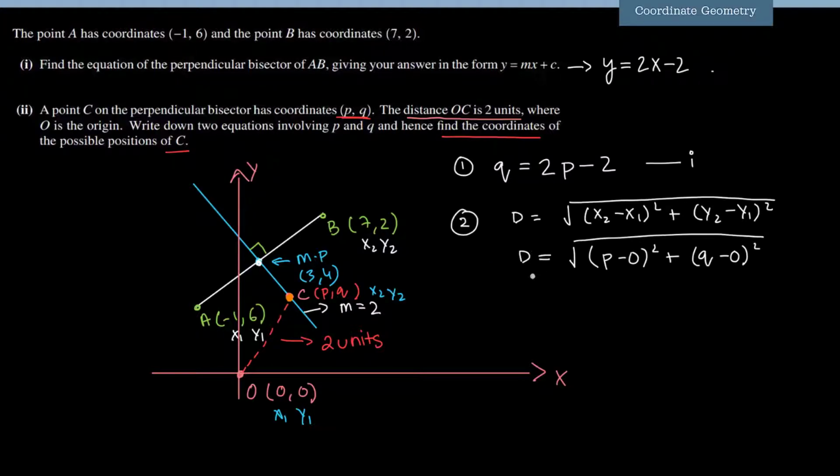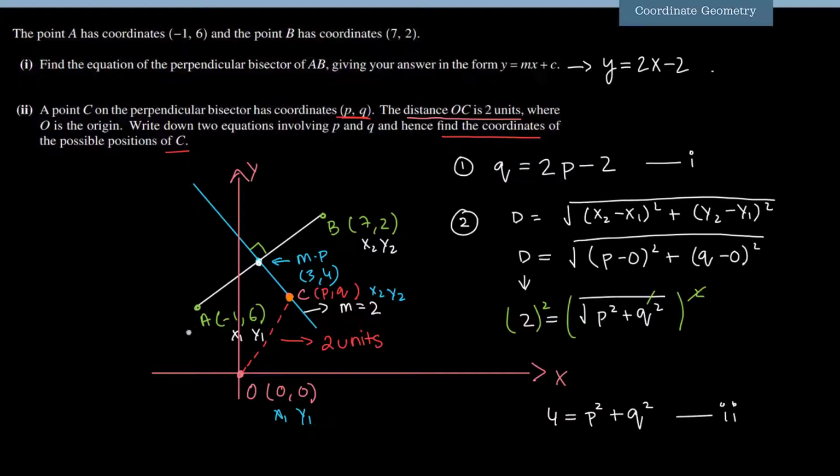I know that the distance is 2 units, so in place of d I'll write 2, and this is equal to square root of p square plus q square. In order to remove this under root, I'll square both sides, and that would give me 2 square, which is 4, is equal to p square plus q square. This is my second equation.